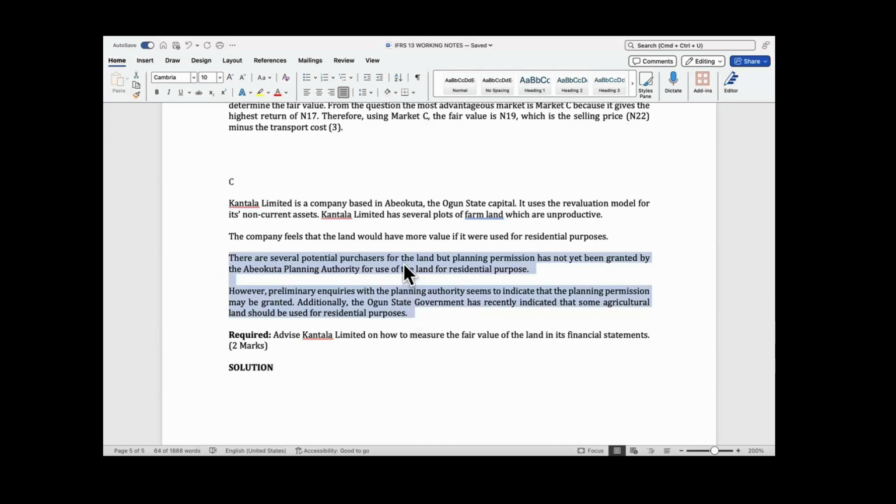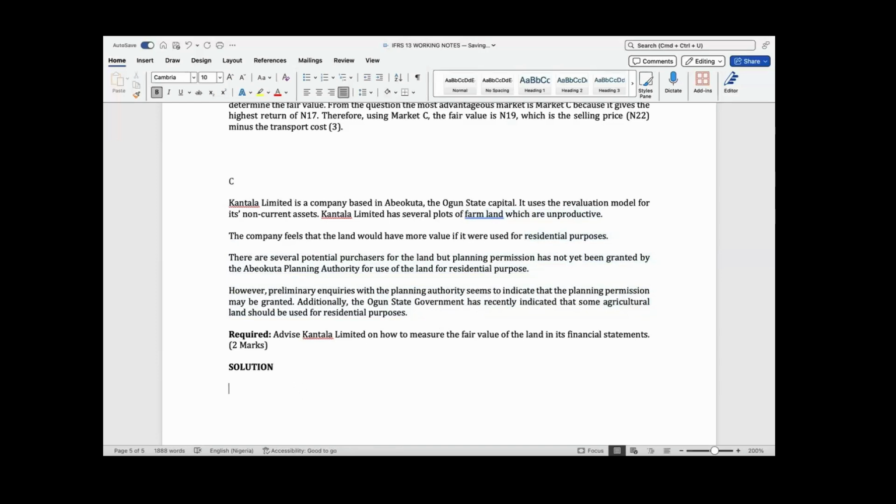They say that even though they have not granted approval to use it for residential, they have granted approval for a similar asset. So there's indication that they would grant it, which means it's legally permissible. If it had told us that they will not grant approval to use the land for residential, the highest and best use would remain the farmland, even though it's unproductive. It cannot be residential because it's not legally permissible.